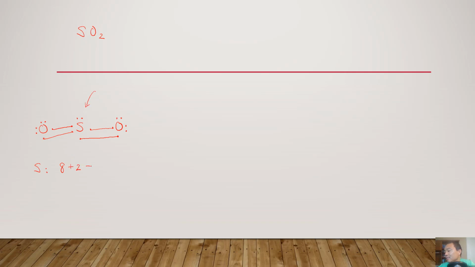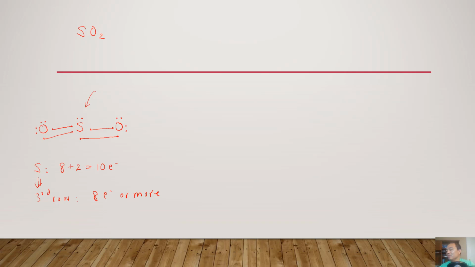So that's 10 electrons. But you might think, oh, that's more than 8. It's actually okay for sulfur. Sulfur is in the 3rd row. Okay. So in the 3rd row you can take 8 or more. So 10 is actually okay.